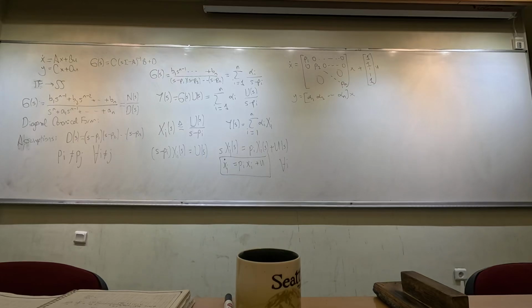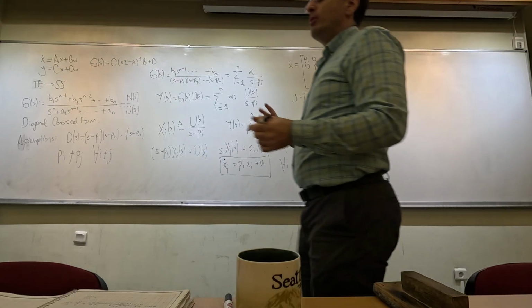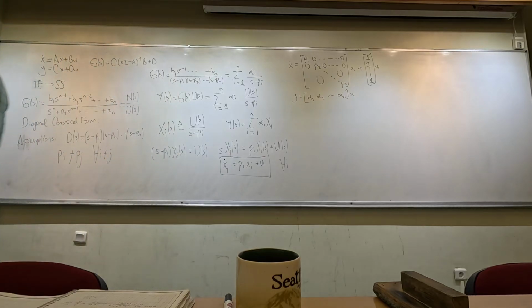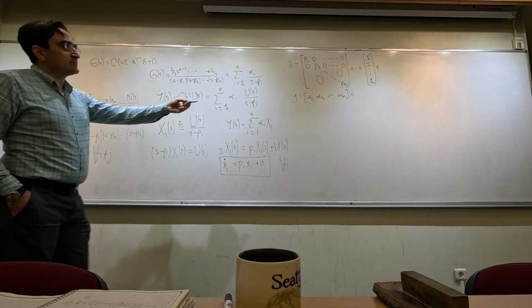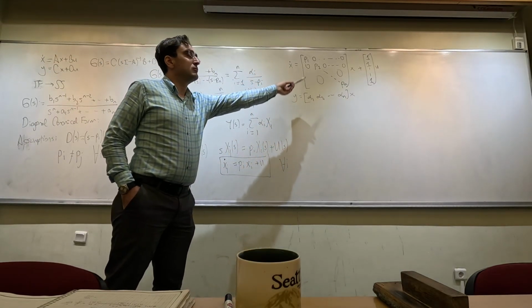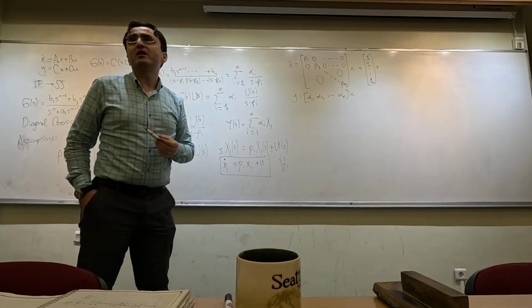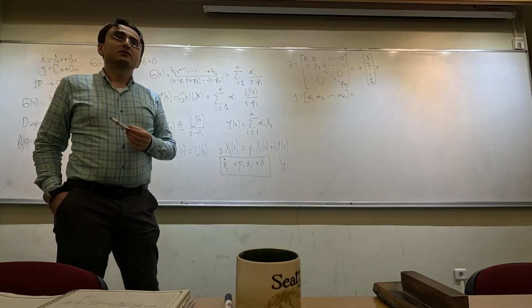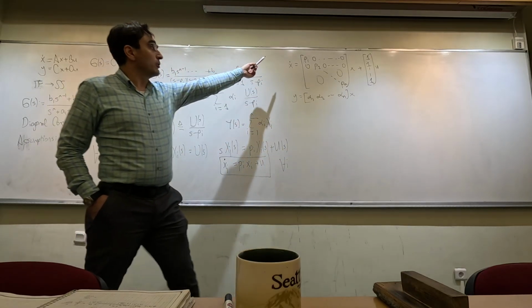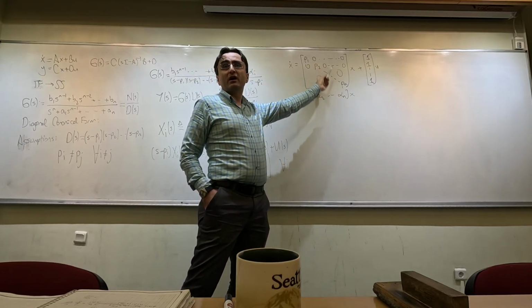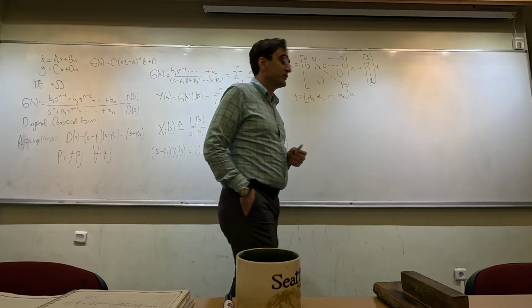Okay? So we see that in this case we have found a state space representation where the A matrix is diagonal with the poles of the system on the main diagonal. So if you look at this A matrix, what are the eigenvalues of this A matrix? They are the poles. So here the eigenvalues are the diagonal elements, which are the poles of the system.